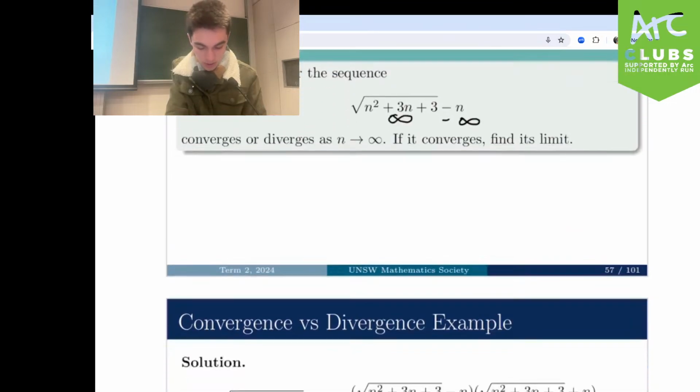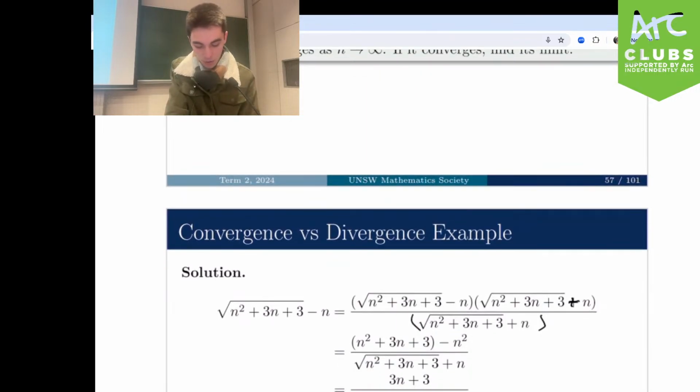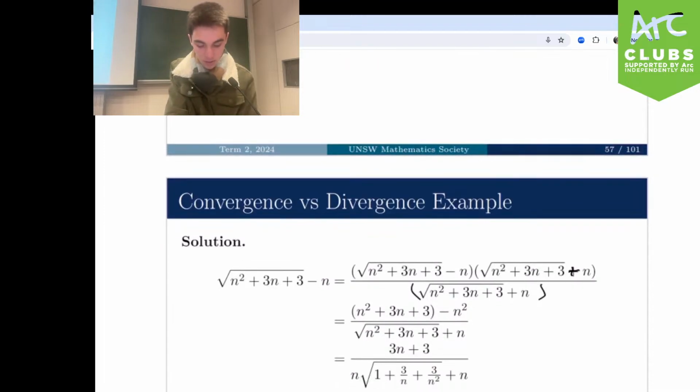And the way we do this is by using the difference of two squares, okay? So we multiply it by the same thing except with a plus, right? And in the denominator we divide through by that thing that we multiplied, just to keep it the same, okay? And then once we expand that out via the difference of two squares formula, we're going to get this expression here, which is much nicer. The square root disappears.